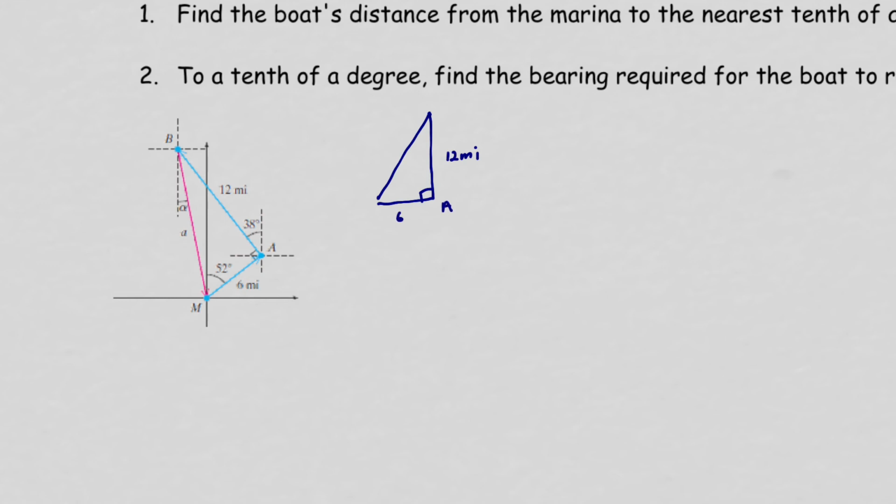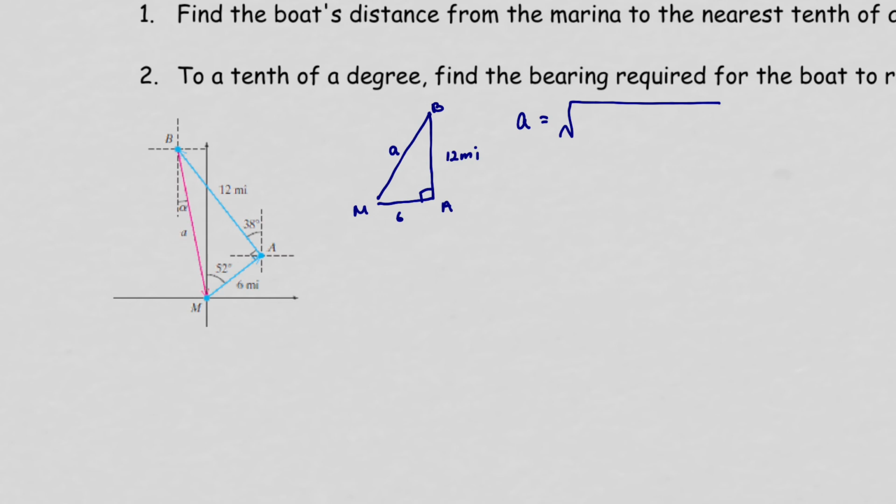Call the vertices A, B, and M, right? And what are we looking for? A is the hypotenuse. With a right triangle with two sides given, we should be able to find the length A easily using the Pythagorean theorem.